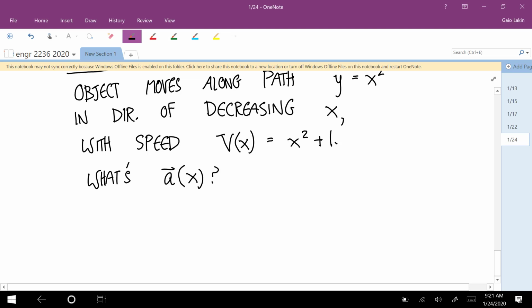And then we're still doing kinematics, but while we're at it, let's say if the mass is 1 gram, what's the net force on the object as a function of x?